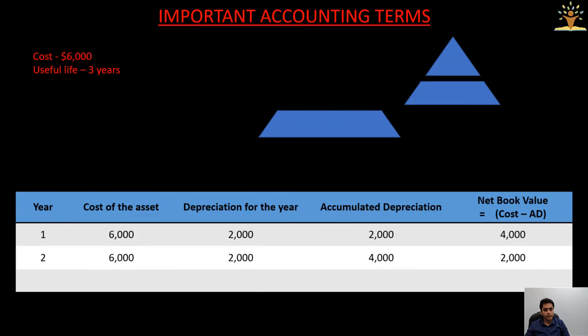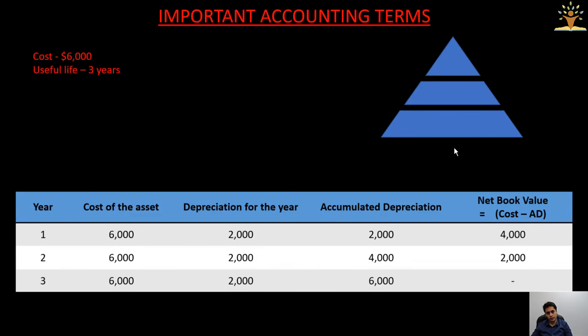Now, final year, third year, again I transfer another last installment of 2,000 as depreciation to the income statement of year 3. So that makes annual depreciation of year 3 as 2,000. Accumulated depreciation becomes the entire 6,000: 2,000 year 1, 2,000 year 2, another 2,000 year 3, total 6,000.